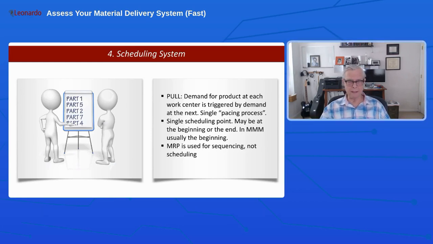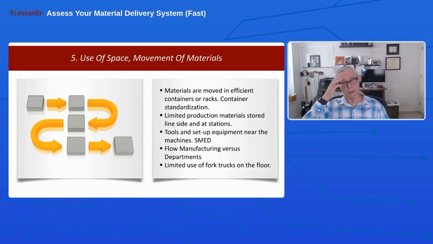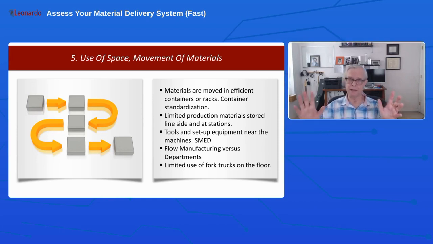Okay, so again, this is a slightly more sophisticated element that we want to look at, but an important one. Next one, use of space, movement of materials. So in a mixed model line, typically the method to move materials is a tugger, because we have a wide variety of products, of parts, sometimes in quantities of 1 or very small quantities.